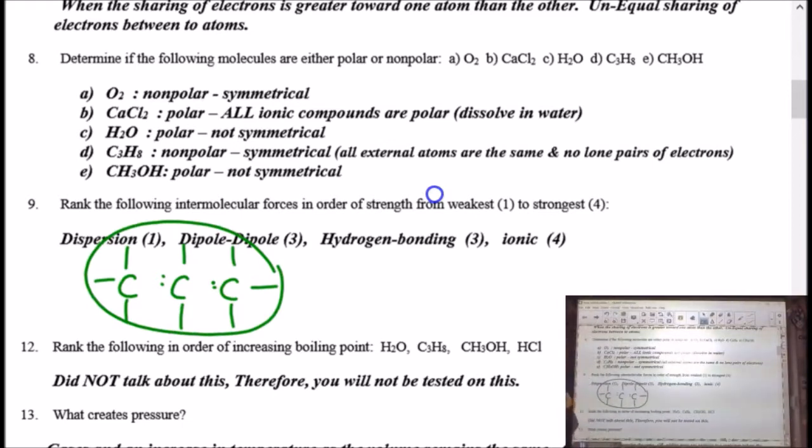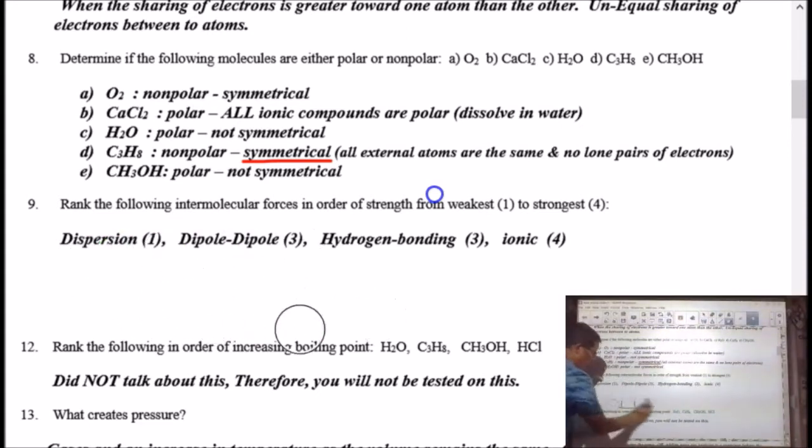So what that means is, since all the external atoms are the same, no lone pairs on the central atom. There are no lone pairs. All carbon always has 4 bonds, or it's not a happy carbon. And so in that case, that's a nonpolar compound, which means it has a symmetrical shape associated with it.